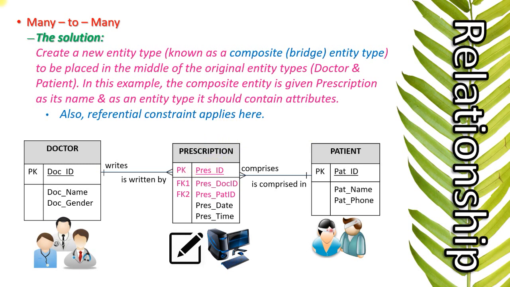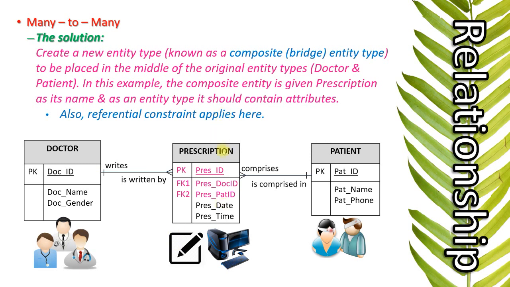So in this case, we have only one attribute assigned as the primary key, so it is the simple key, since there is only one attribute as the primary key of this entity type.